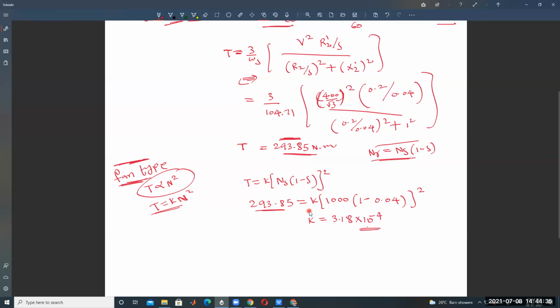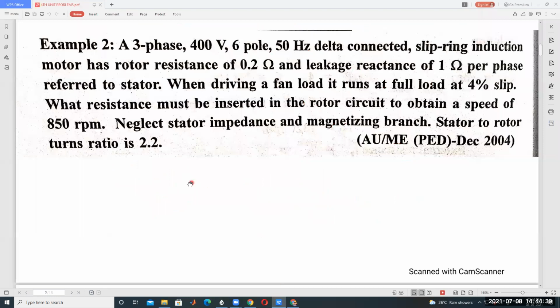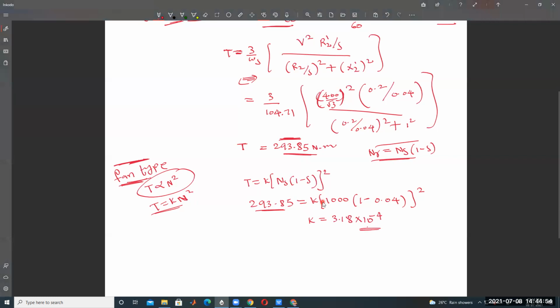So it's given, for speed 850 RPM, what resistance must be inserted in the rotor circuit to obtain a speed of 850 RPM? For 850 RPM we need to find the load torque.